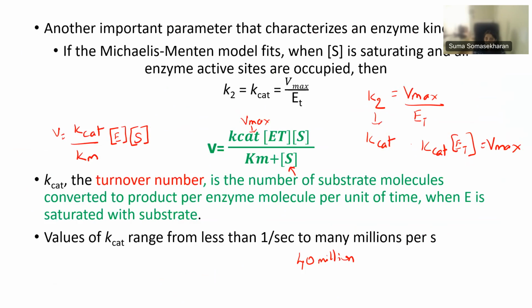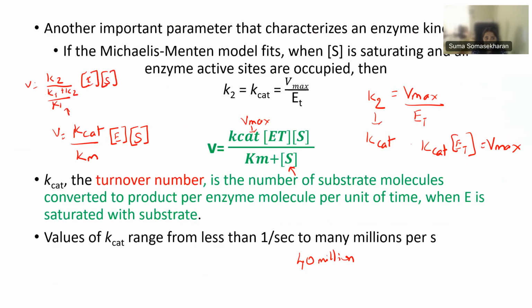Now, you can see this term Kcat over Km can be rewritten in the form of V is equal to k2 divided by k-1 plus k2 divided by k1, which is Km, multiplied by E, because we just defined k2 as being equal to Kcat.